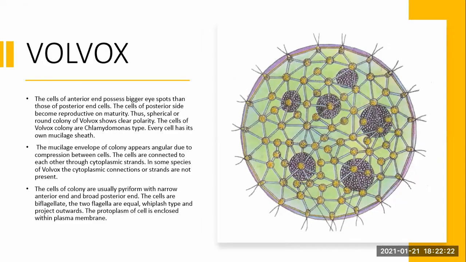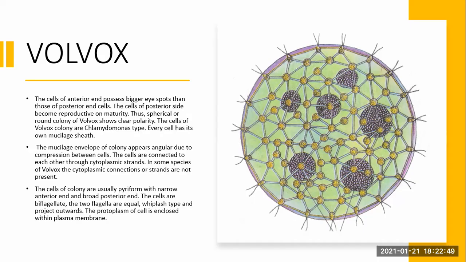The cells of the anterior end possess bigger eye spots than those of the posterior end cells. The cells of the posterior side become reproductive on maturity. Thus, the spherical or round colony of Volvox shows clear polarity. The cells of the Volvox colony are Chlamydomonas-like cells.